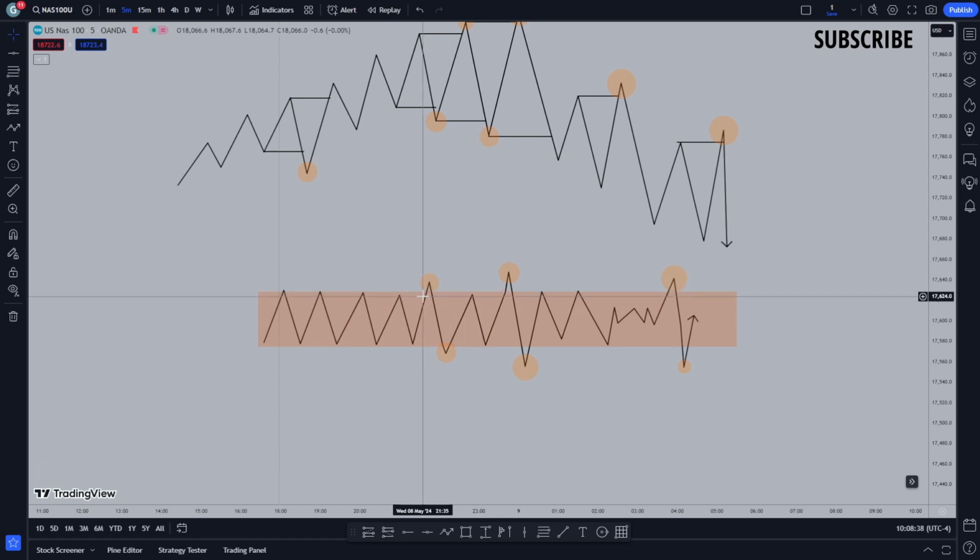When price goes and gives a fake breakout, place your sell limit right over there and take the trades. Or if you're looking at this consolidation in 4H time frame, when you see that price has given a fake breakout, you can go on 5-minute time frame and look for any market structure shift after liquidity taken, and then take the trade.